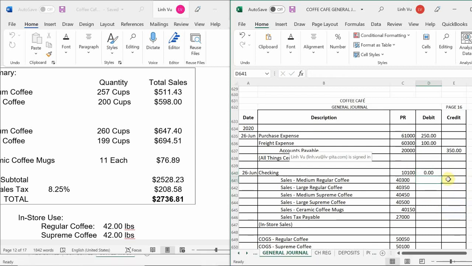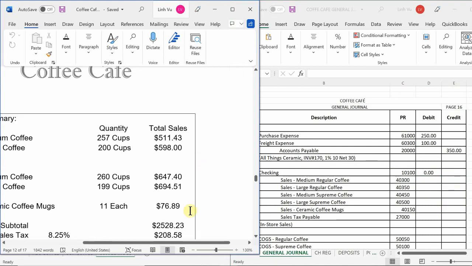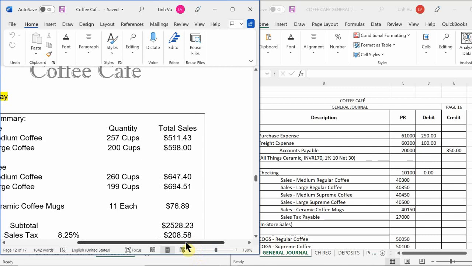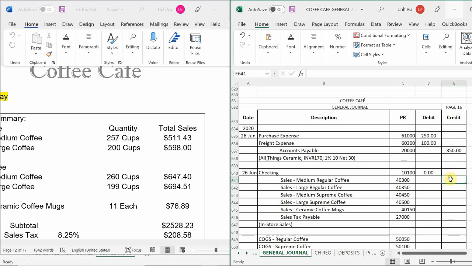Okay. So how much of the medium regular coffee did we sell? $511.43. Okay. Large, $598. Medium supreme, $647.40.